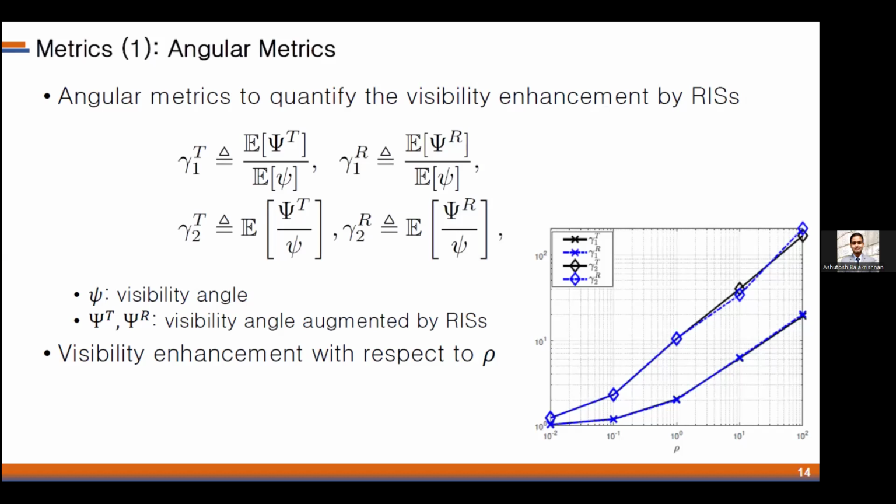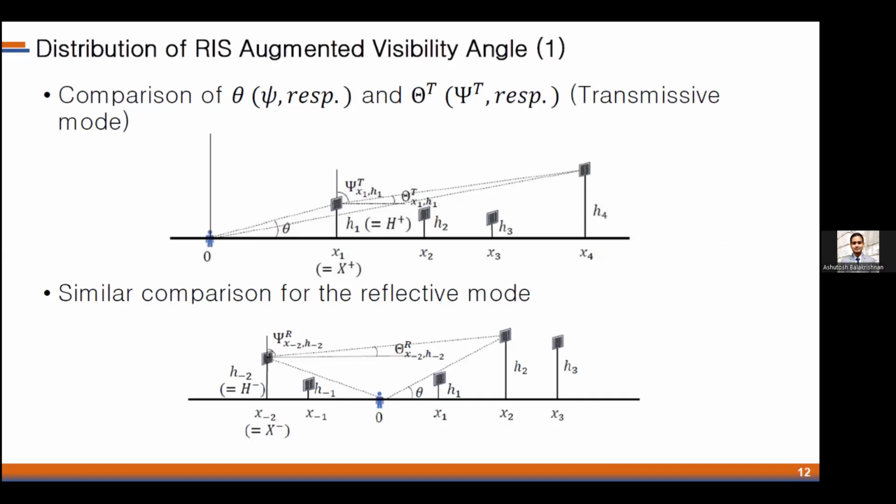Let me show you again. Psi is the visible angle without RIS, and psi t is the visible angle at the RIS installed on top of the blocking building. Definitely psi t should be larger, due to the geometry.